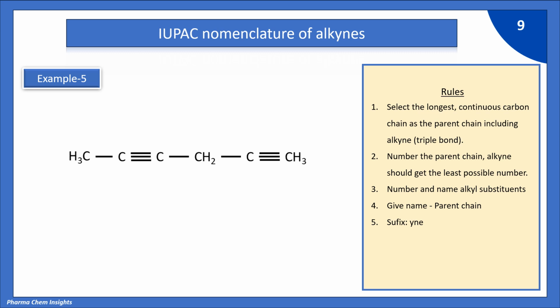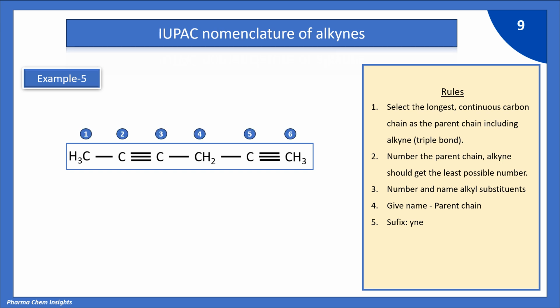All right, let's move ahead. Example 5, select the longest continuous carbon chain, which is this, a straight carbon compound. It has 6 carbon atoms, so it will be hexyne. But now this is interesting as it has 2 alkyne groups at different positions. So numbering from which end is an important question. It could be numbered from the blue end, which is written in blue, or the opposite end, which is written in red. Now the alkyne group should get the least possible number.